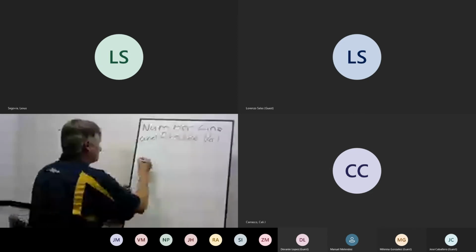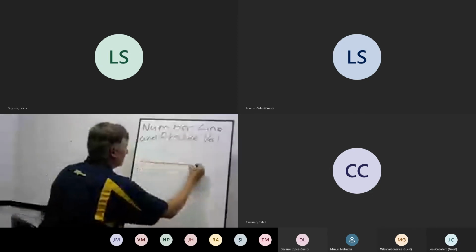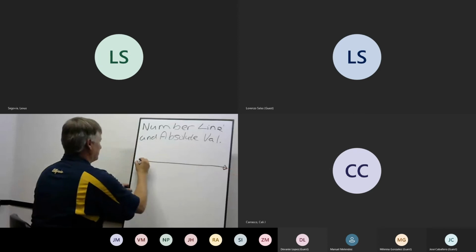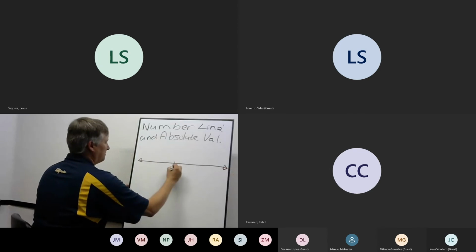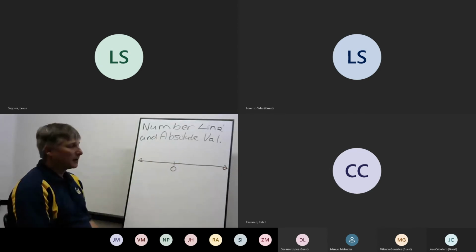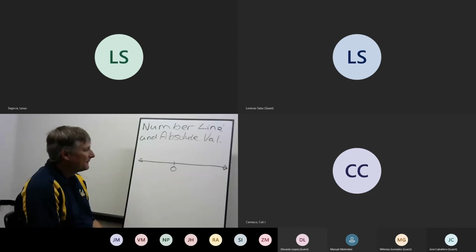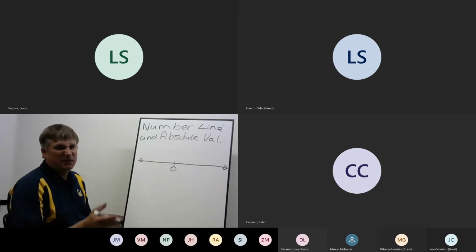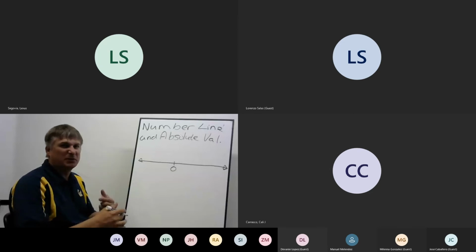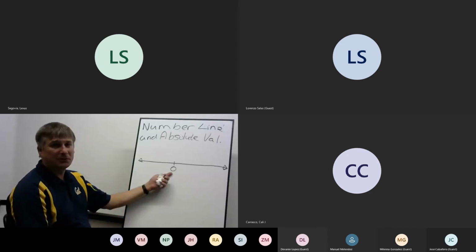So the number line is usually centered at 0. You'll see people graph parts of the number line, say part that's centered at 10 with the numbers around 10, just below and just above. But we often like to have 0 as the center.